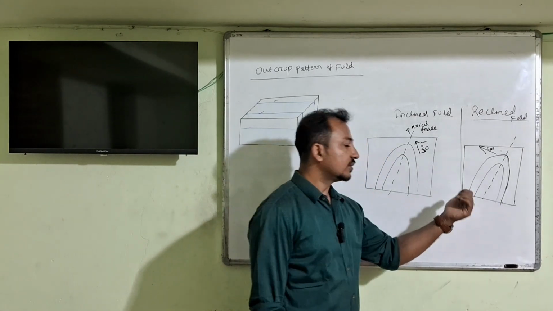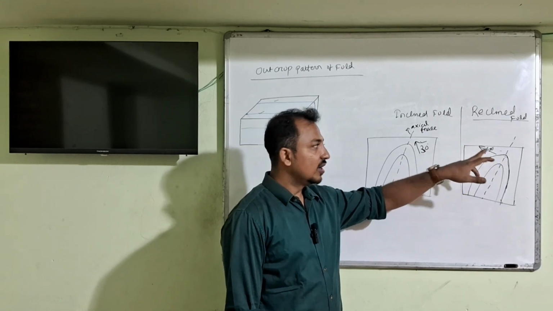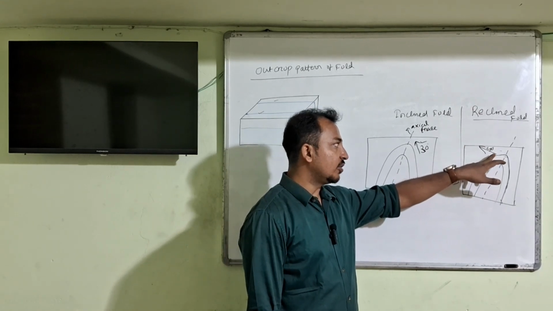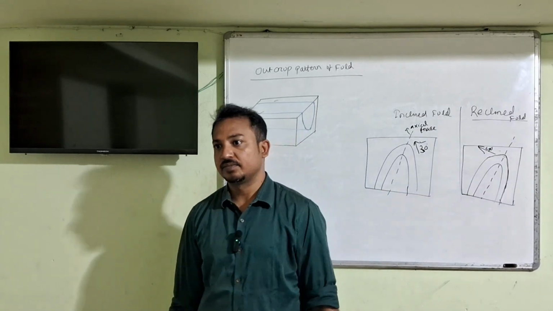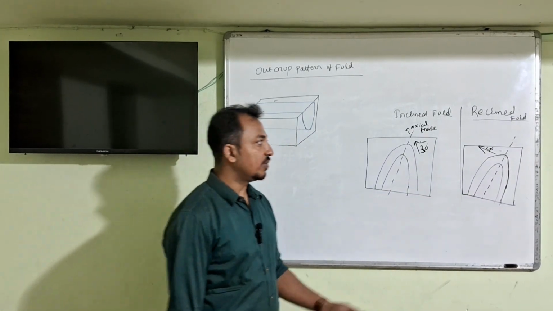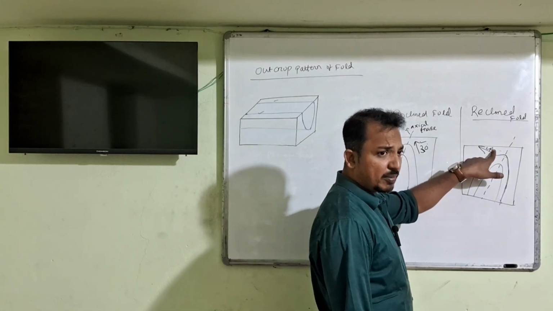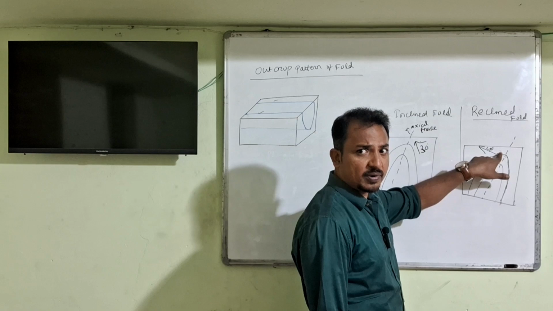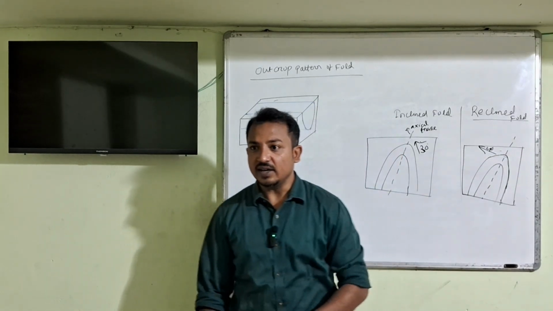So in a reclined fold the fold axis is almost perpendicular to the axial trace direction. If this is the plunging amount of the fold axis, then the axial plane also has a 40 degree dip.